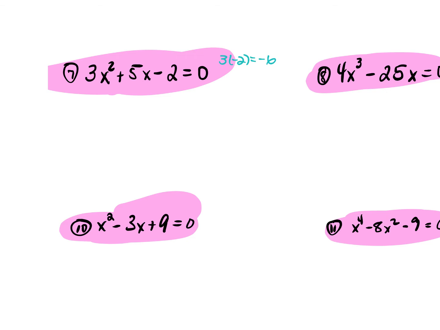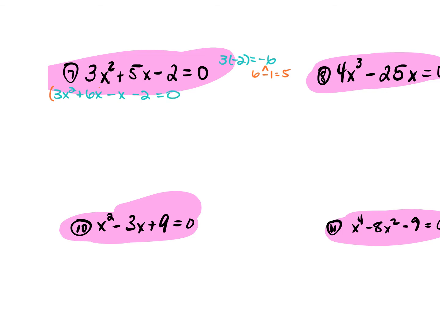Are there factors of negative 6 that add up to be positive 5? Six and negative 1. So we're going to rewrite this as 3x squared plus 6x minus x minus 2 is equal to 0.